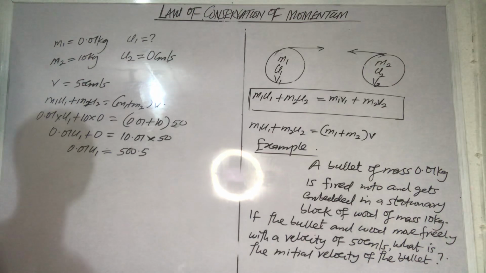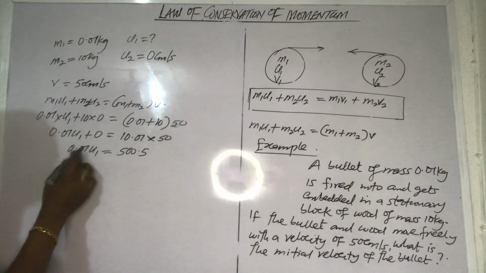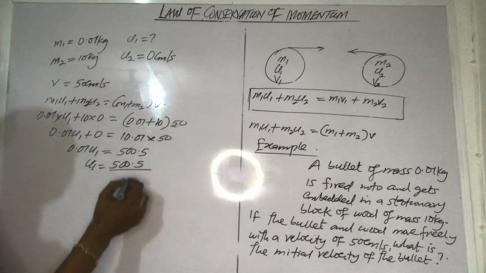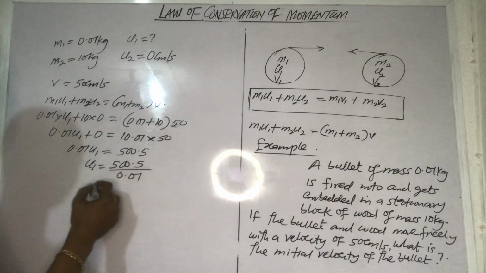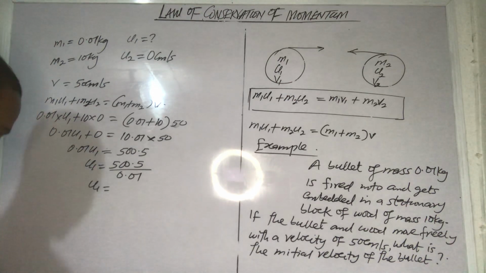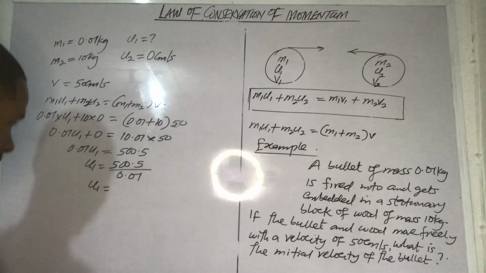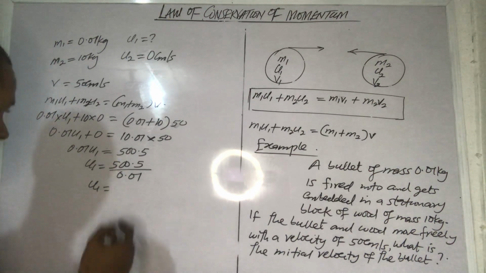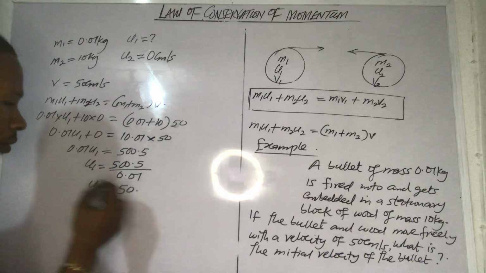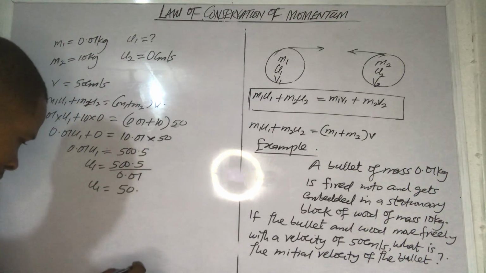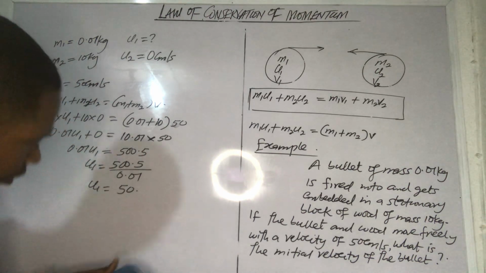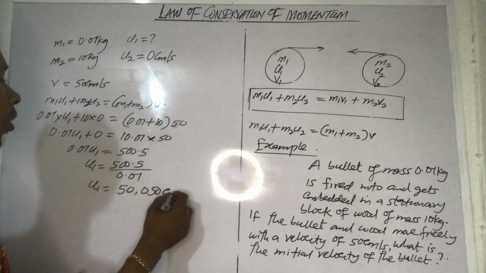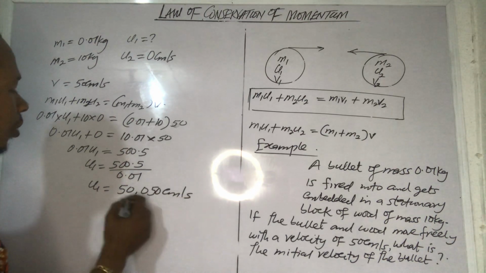That will give me 500.5. Divide both sides by 0.01. Then my U1 will be 500.5 divided by 0.01, and that will give me 50,050 centimeters per second.